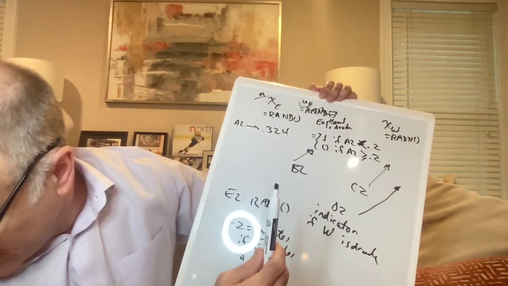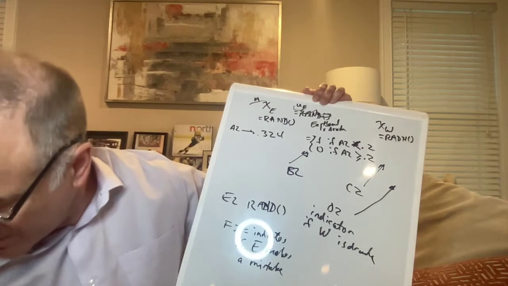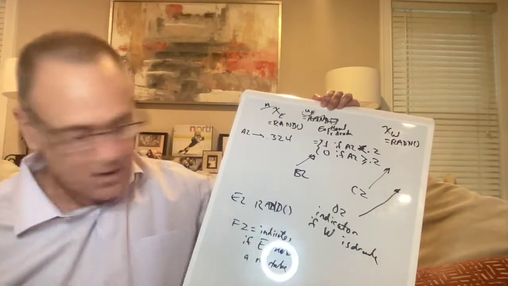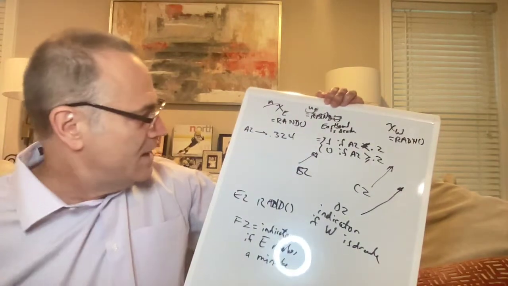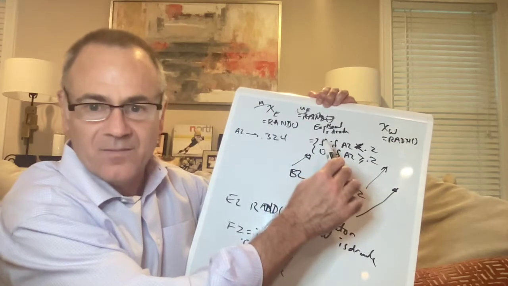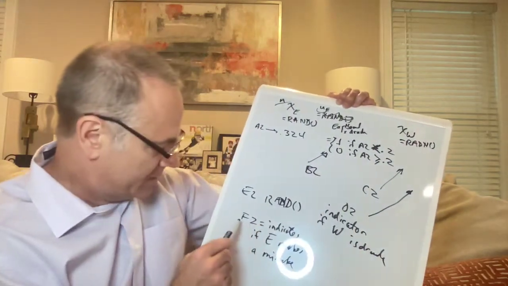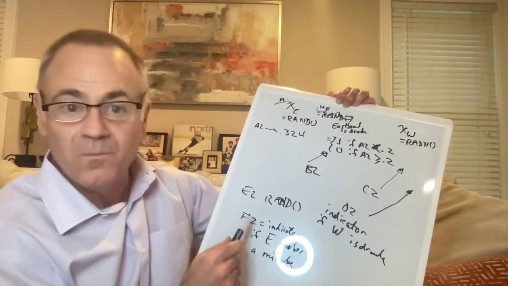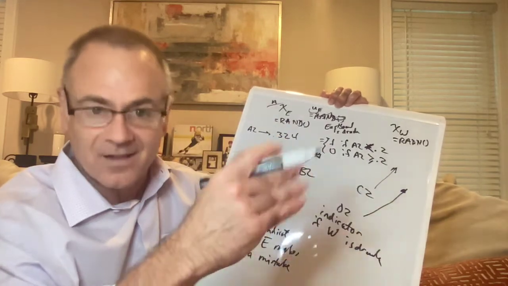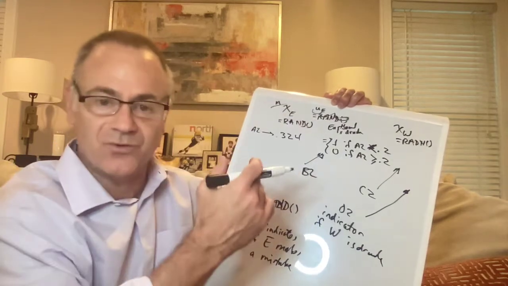And I told you to assume that theta D equals 0.08, okay? So if in B2 you got a 1, so that the eastbound driver is drunk, then you look to see whether E2 is less than 0.08. That indicates whether he makes a mistake or not, given that he's drunk.